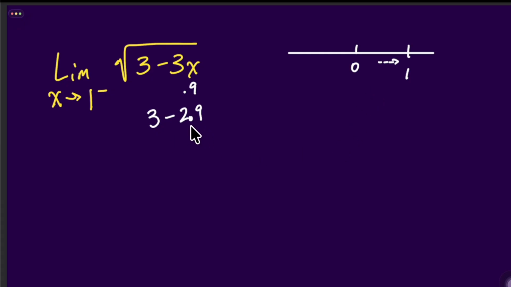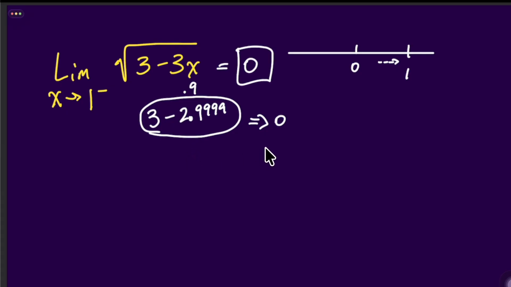Still going to be positive, so it's legal under the radical. But as we get closer and closer to 3, this difference is going to get closer and closer to 0. So this limit is 0. Because it's a one-sided limit, we don't have to worry about from the right.